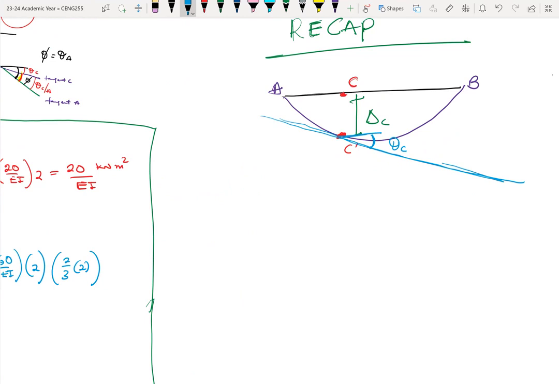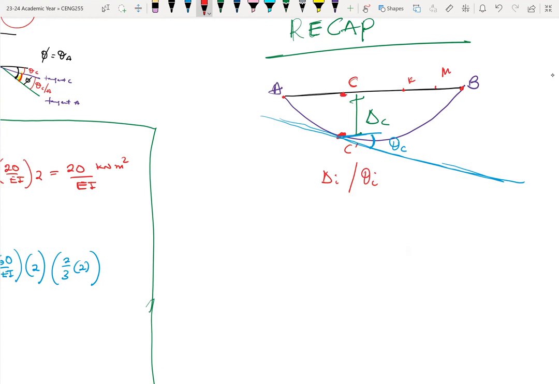So with this, it means that at every point we can find different points. We can find point K, point M, even point B, point A. At these different locations, we can determine their respective deformations and their respective rotations or slopes. And we can do that using the moment area method.